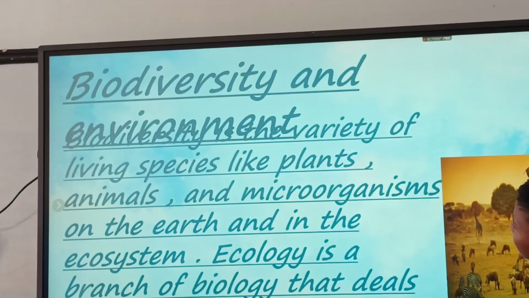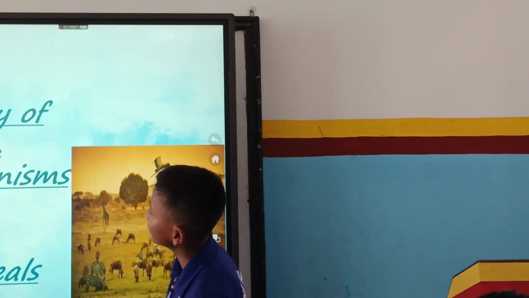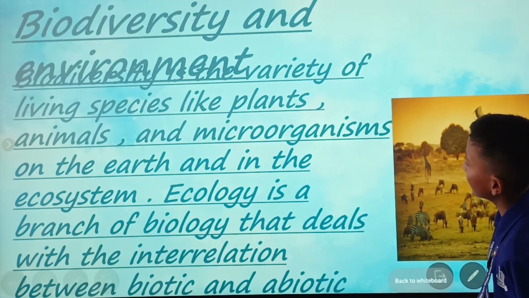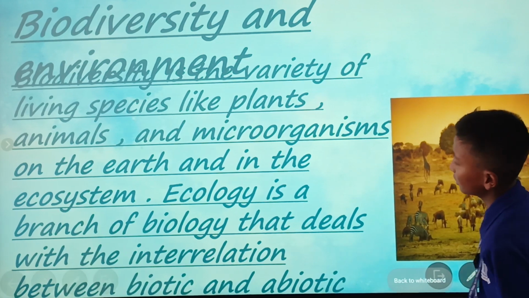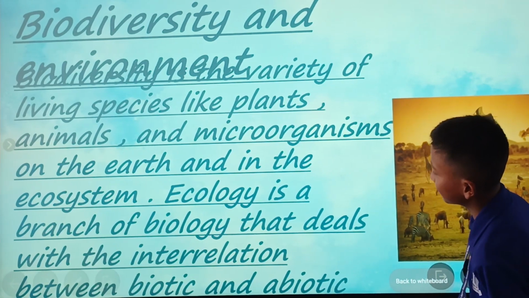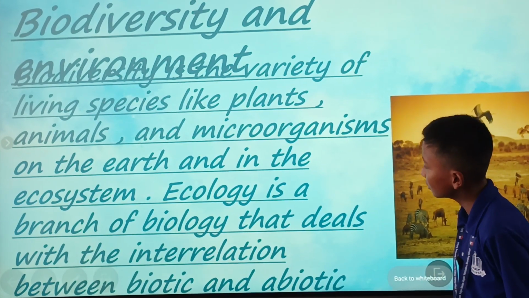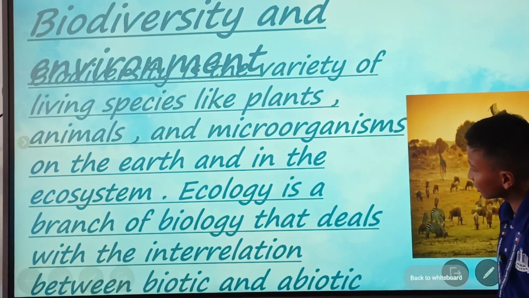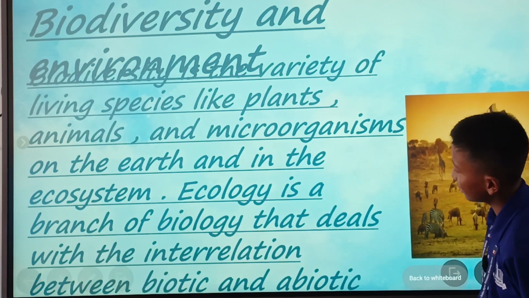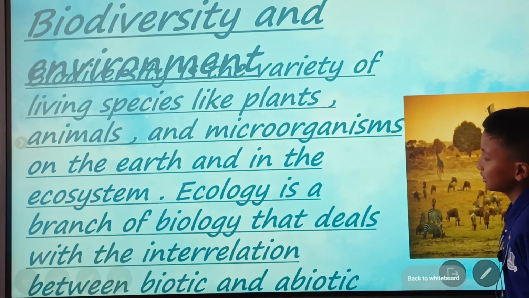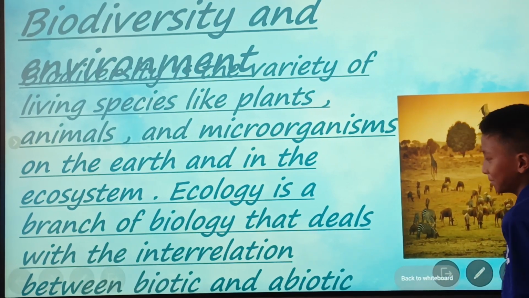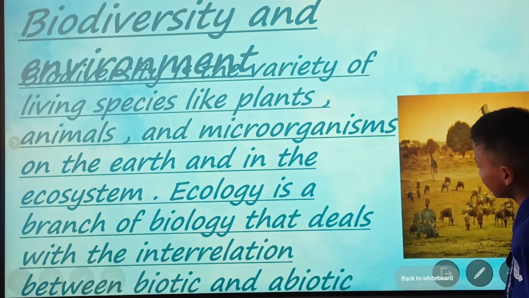Biodiversity and environment. Biodiversity is the variety of living species like plants, animals, and microorganisms on the earth and in the ecosystem. Ecology is a branch of biology that deals with the interrelation between biotic and abiotic components.